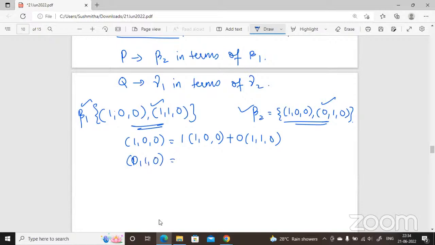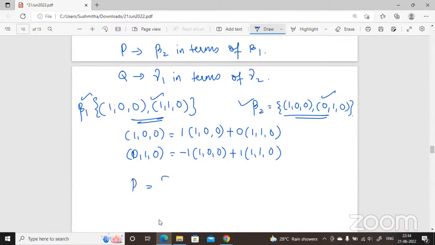0, 1, 0 can be written as minus 1 times 1, 0, 1 plus 1 times 1, 1, 0, right? Yeah. So the matrix P would be 1, 0, minus 1. Okay.